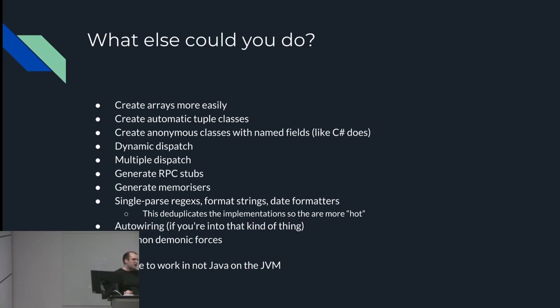If you used INVOKE Dynamic cleverly, you could have it cache those so it would do that compilation of those strings only once. And that has the added advantage that, now that they're deduplicated, they become more hot, so Hotspot will optimize them better. You could do auto wiring if you're that kind of sick, twisted person. The only thing is you have to work in not Java.